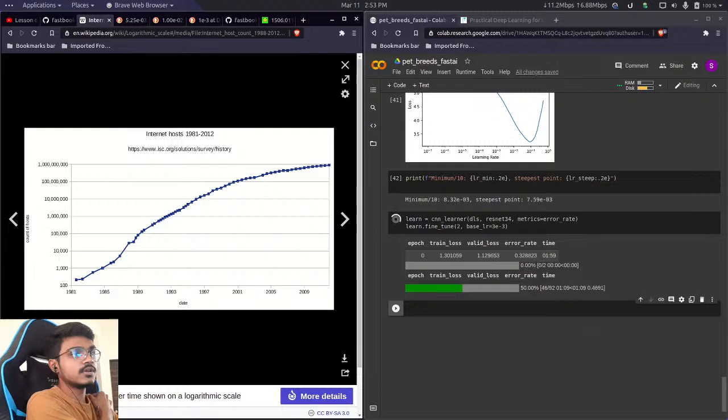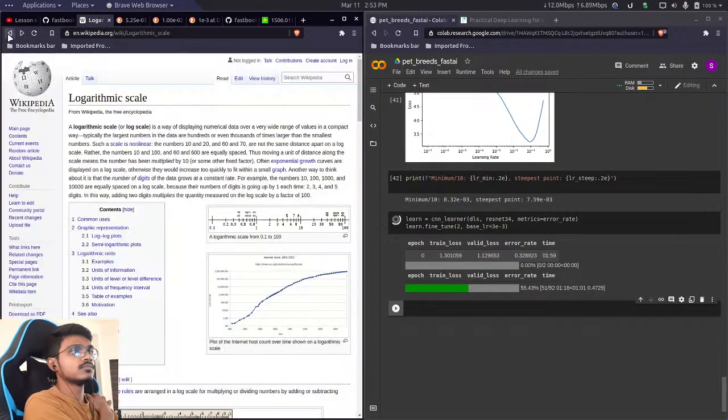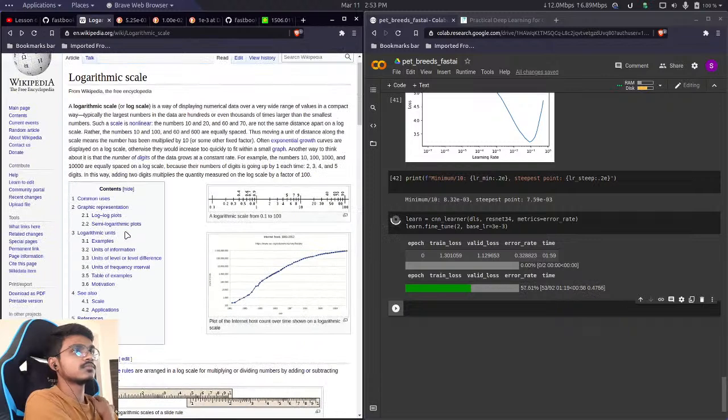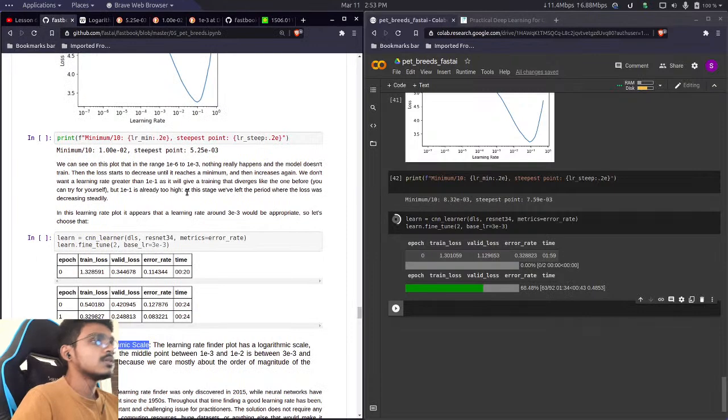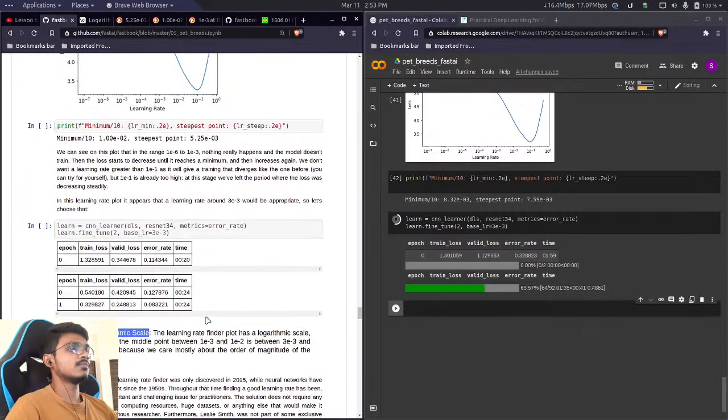Plot of internet host count over time on a logarithmic scale. Okay, so in essence, it is used for displaying numeric data which contains a very wide range of values. Okay, we don't get it.